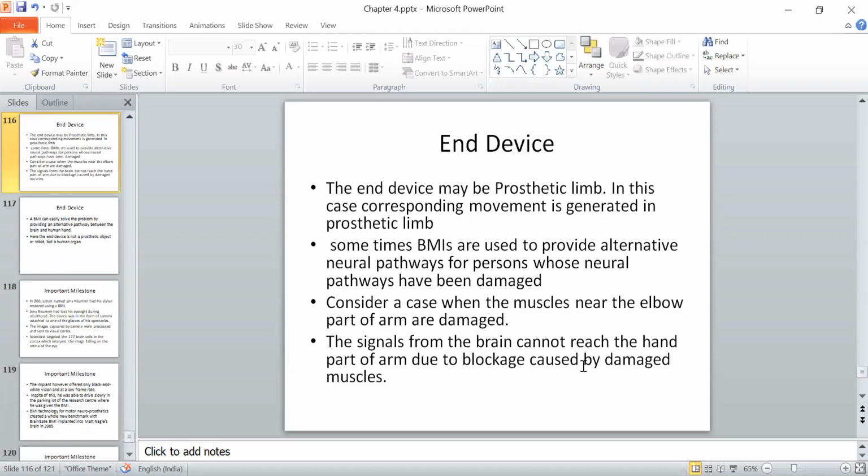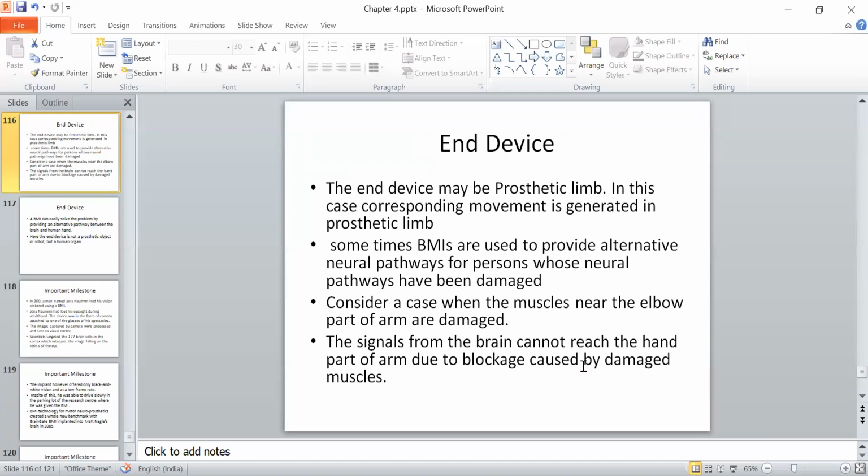Suppose due to certain kinds of accidents there is a breakage in the connection between the human brain and one of the human organs. Take the example of your hand. Suppose due to a certain kind of accident, now your brain is sending the signal but the nerves are broken.